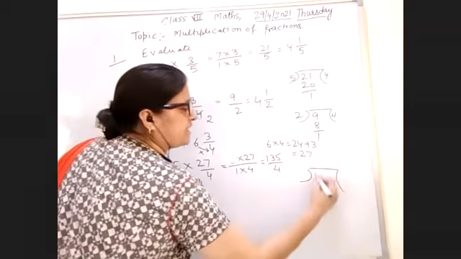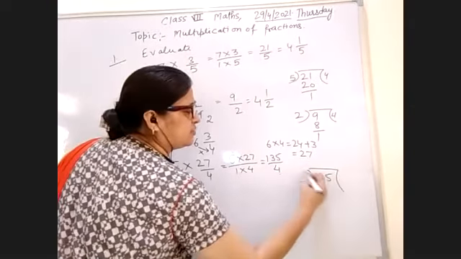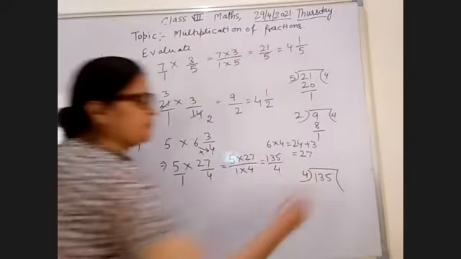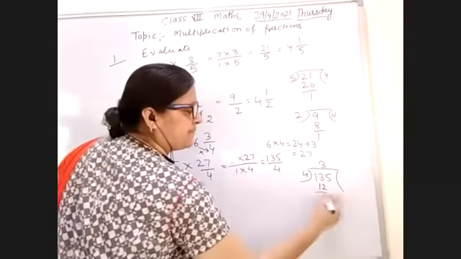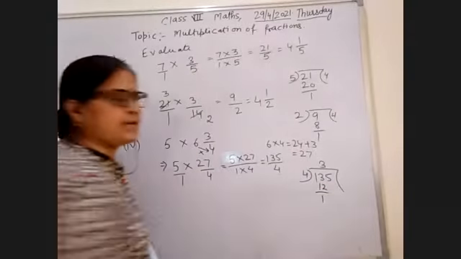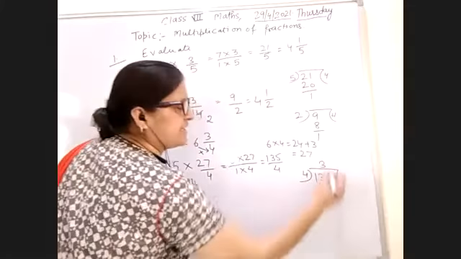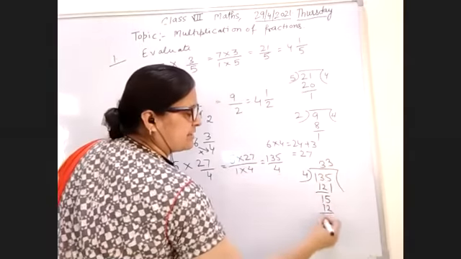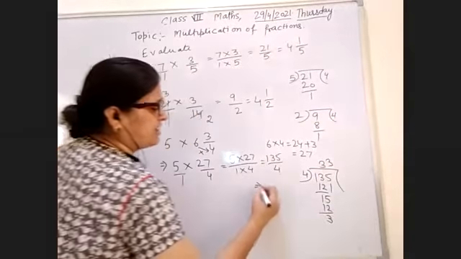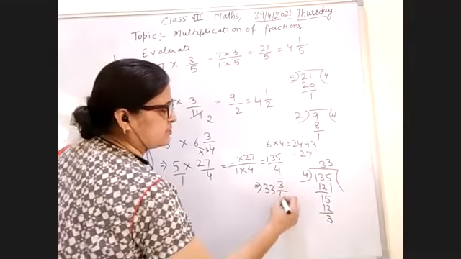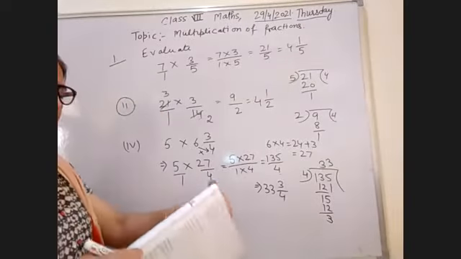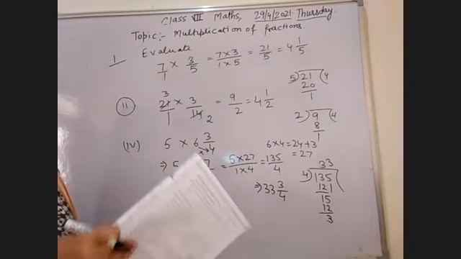Now you will again change it into the mixed fraction. 4 threes are 12. One remainder came out and 5 again carried. 4 threes are 12. Now 3 remainder is left. 33 and 3 by 4. This is the answer of your second question.